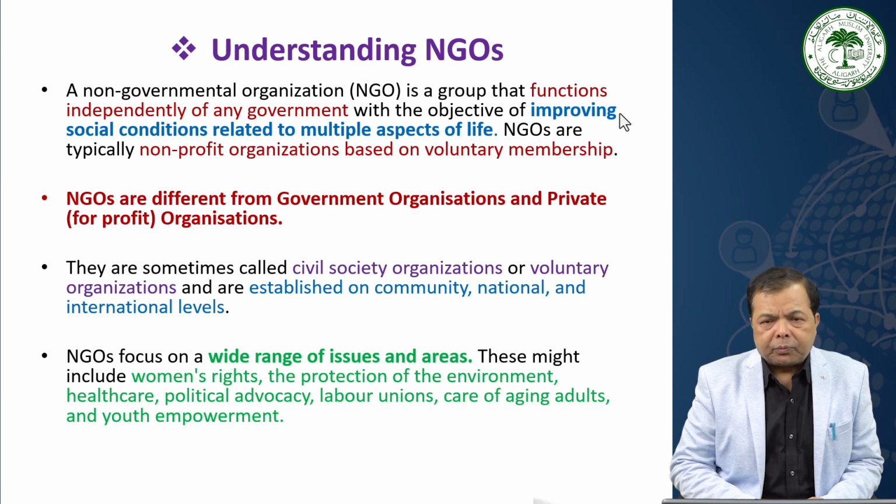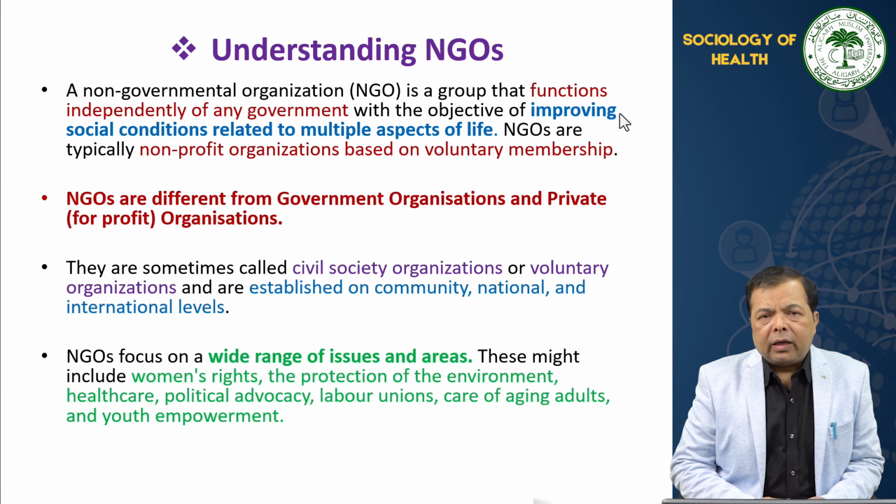So that way, the most important feature or requirement of an NGO is that they are not profit organizations or non-profit organizations, because NGOs don't work for making profit. They work for achieving certain social goals which are based on certain values, right?